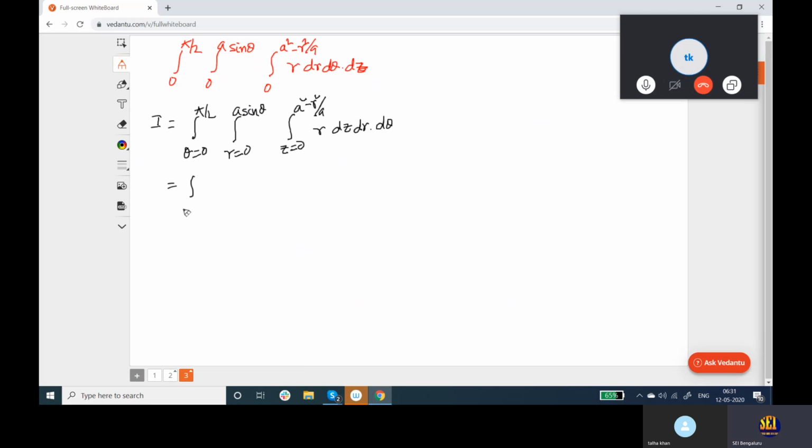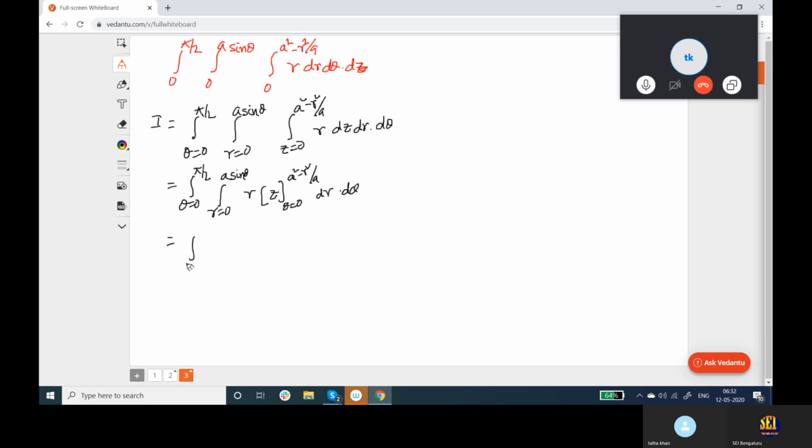So integral theta is equal to 0 to pi by 2, integral r is equal to 0 to a sine theta, r of z from 0 to a square minus r square by a, dr into d theta.